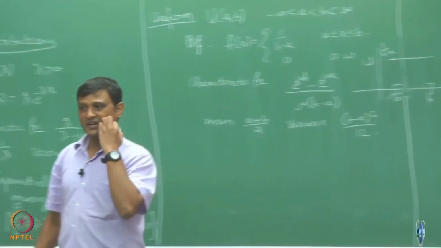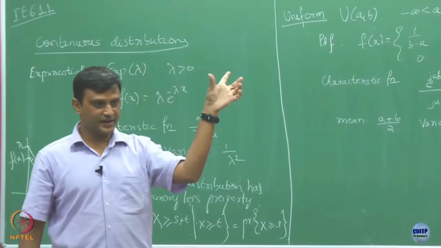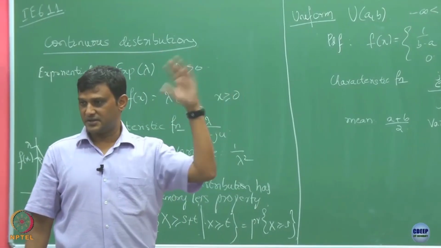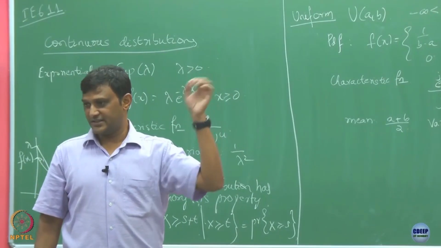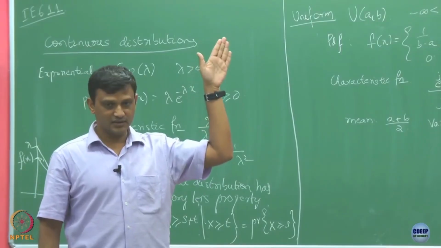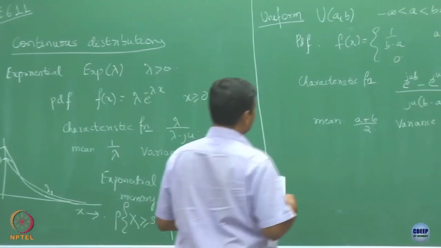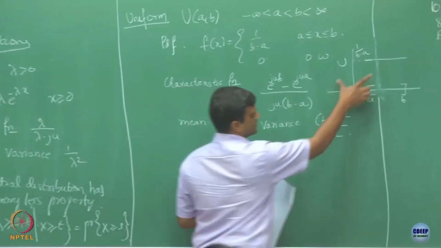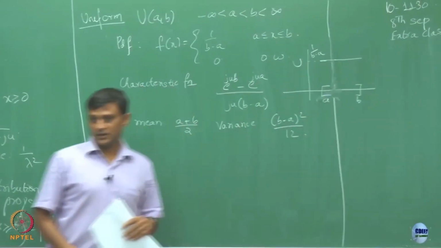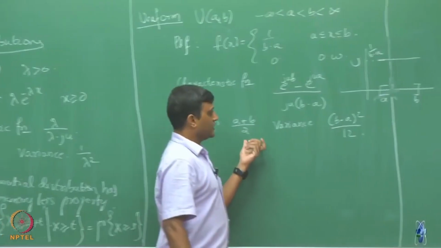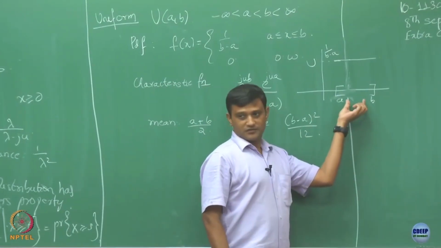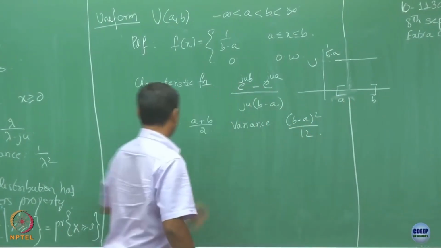So this PDF is flat in the interval a and b. If you interpret it in terms of intensity, at every point the intensity is the same here, and anything outside we are not assigning any probability. You can see that the mean of this is simply the average of these two points, and the variance you can compute like this.